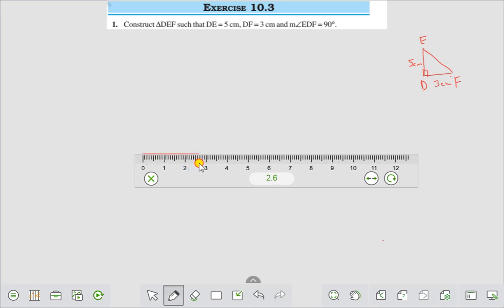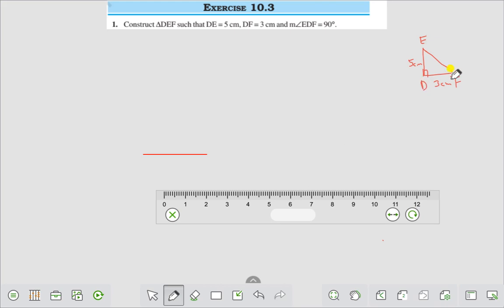It is a 3 centimeter line, right? Now this is DF, so write the names: this is D and this is F. It is 3 centimeters.